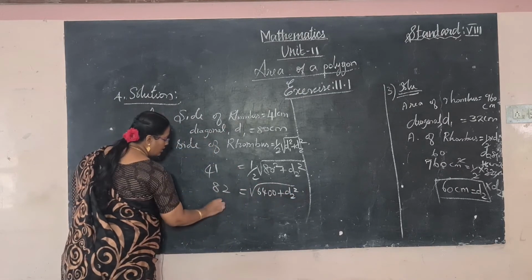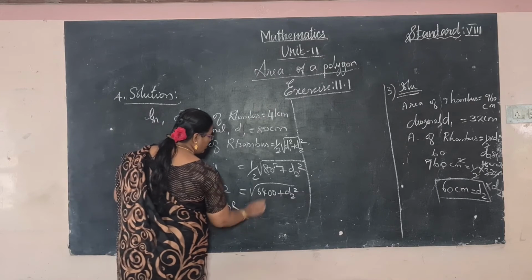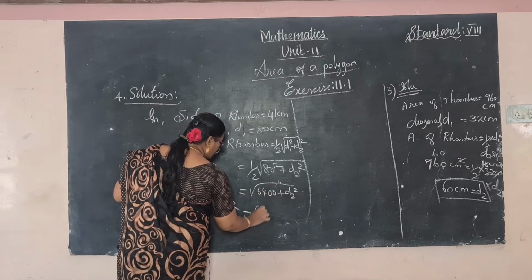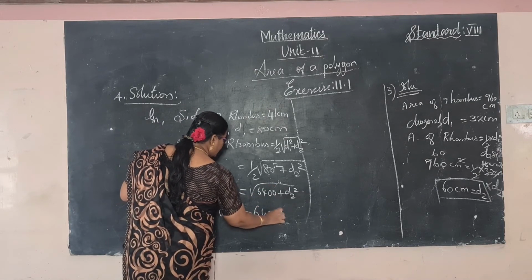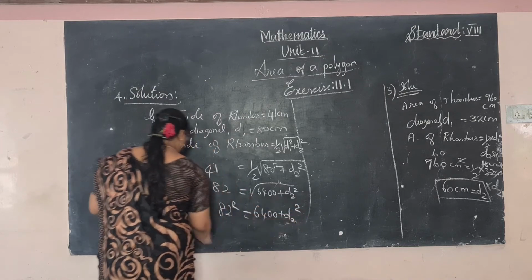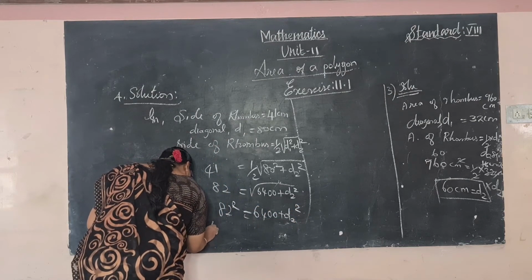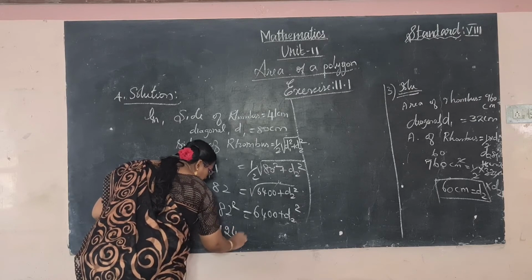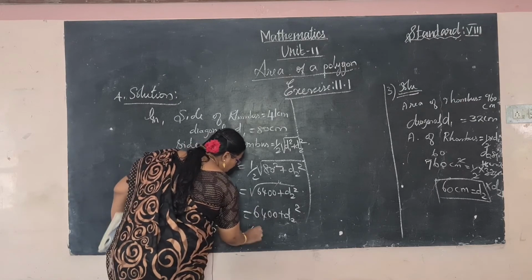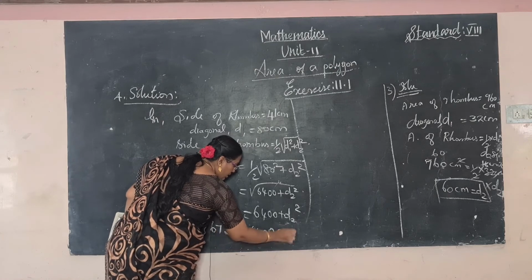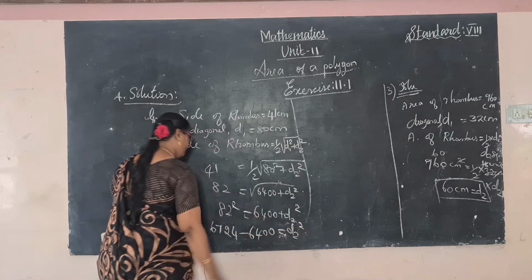Squaring both sides, 82 square is 6724 equals 6400 plus D2 square. Subtracting 6400, we get 324 equals D2 square.